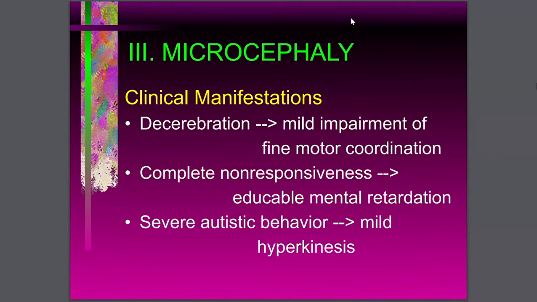And the cognitive function is also variable. There may be an educable mental retardation, so they can be taught, or the mental retardation is just mild, or there may be complete non-responsiveness of the patient because of this microcephaly. The patient may be just mildly hyperactive, or they may manifest with severe autistic behavior.